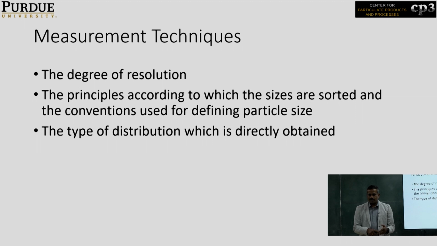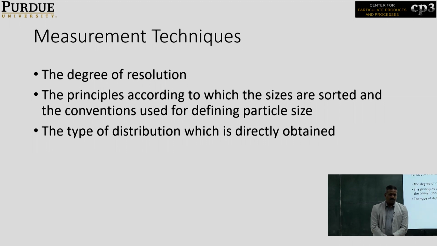So what is the third? Any guess? Surface area, yeah. We don't commonly use it, but we can use surface area too. Surface volume distribution, yeah. So that's again surface area, but there is another basis. These are from other properties, right? But volume, weight, and number based distribution are the three common distributions that we use in different measurement techniques.